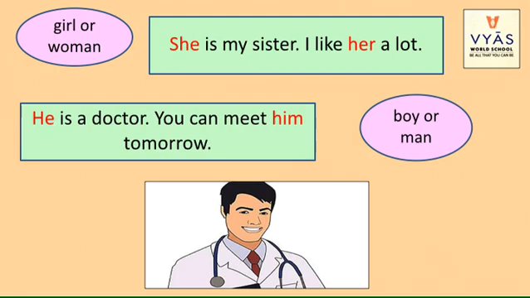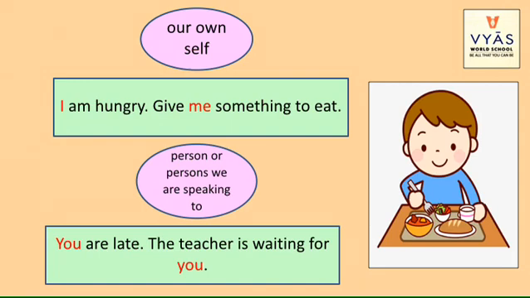Like, he is a doctor, you can meet him tomorrow. When we are talking about our own self in a sentence, we use pronouns such as I and me. Like, I am hungry, give me something to eat. The next is for the person or persons we are speaking to. In that case, we use the pronoun you. Like, you are late, the teacher is waiting for you.